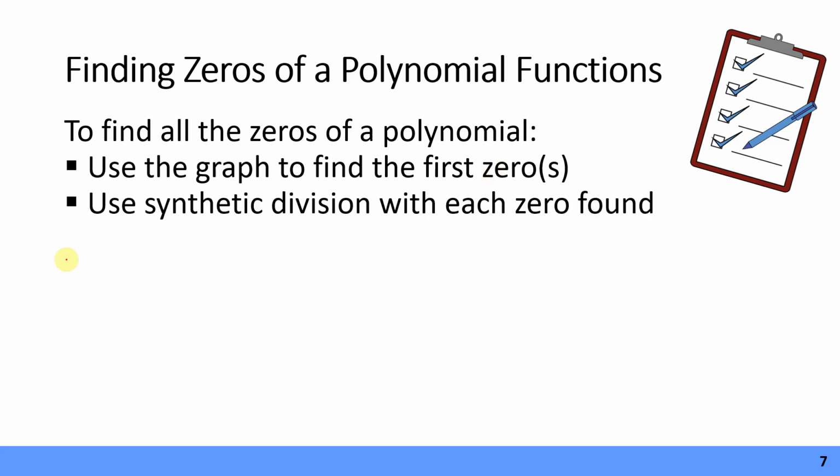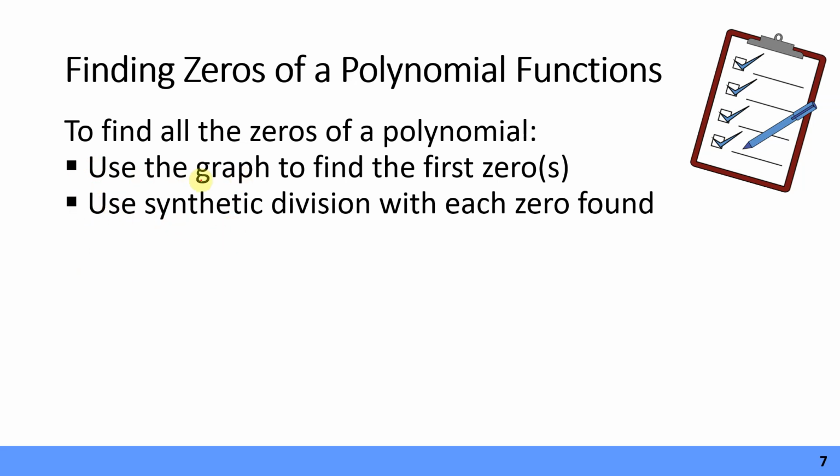We'll find out. Step two, welcome back synthetic division. We're going to be doing it again. We're going to use synthetic division with each zero that we find in step one. And if you want to make a note of it, we only need step two if we still have answers missing. Like I said, if the graph gives you all of the answers, then you're done. You don't have to do the rest of the steps.